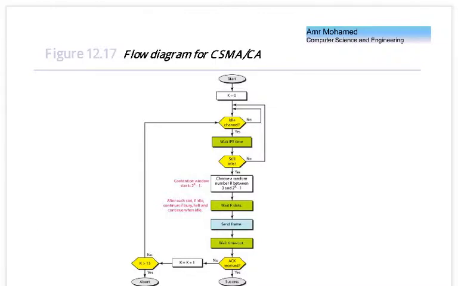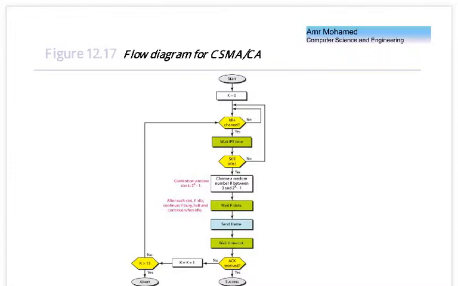So with that said, this is the procedure. And as we can see, the procedure is significantly different compared to CSMA/CD. The first thing we notice is that this branch has changed significantly.